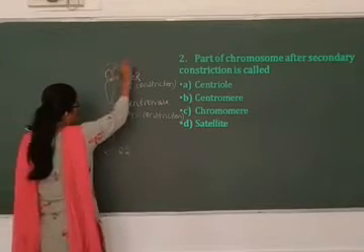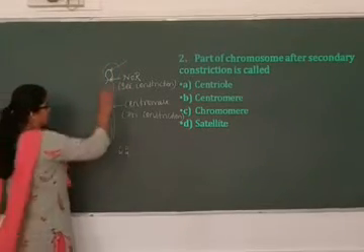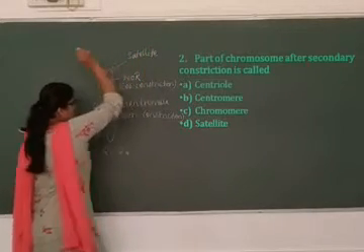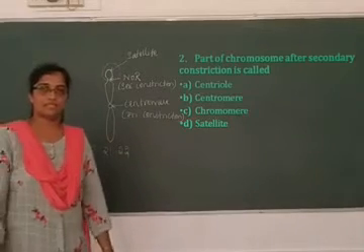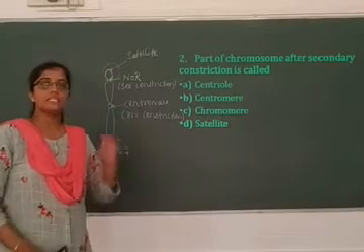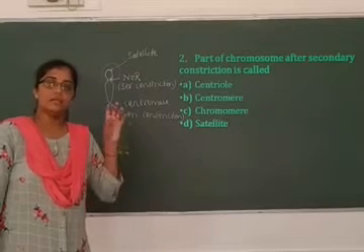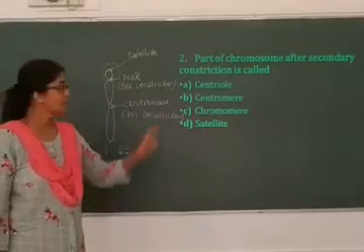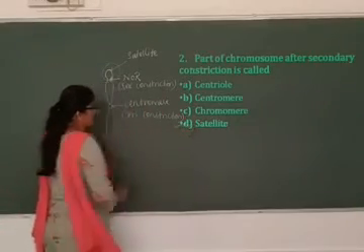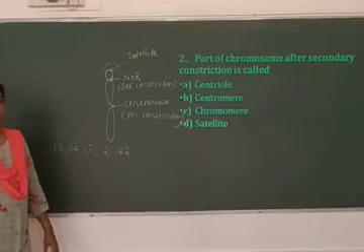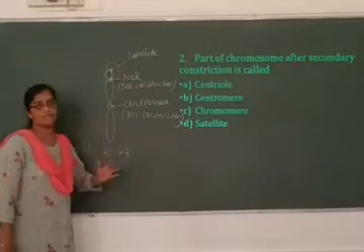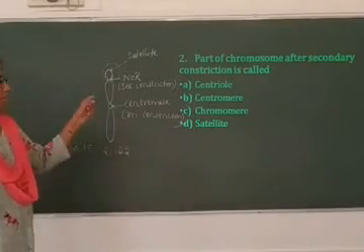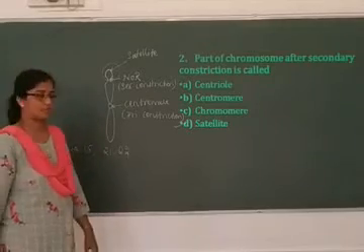This part is called the satellite. The chromosomes in which the secondary constriction is present act as marker chromosomes. So option D is the correct answer, that is, satellite. Chromosomes that have a secondary constriction are also called SAT chromosomes.